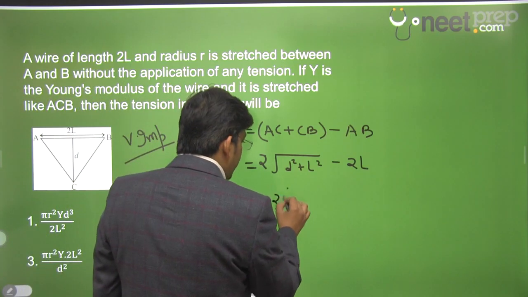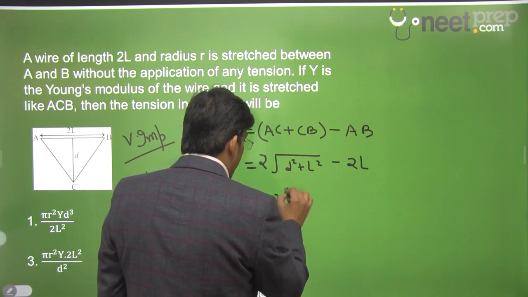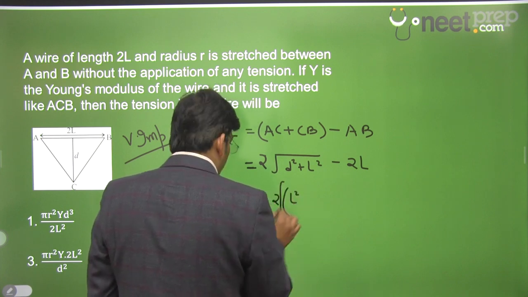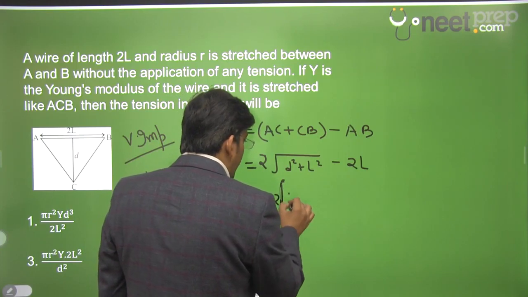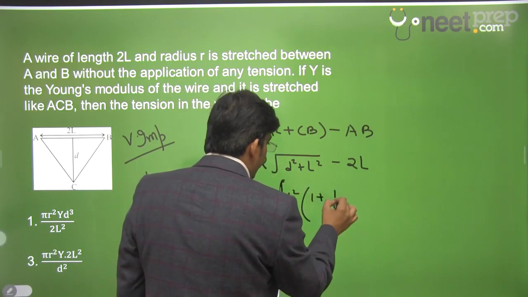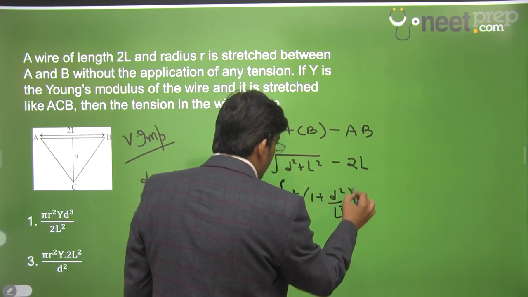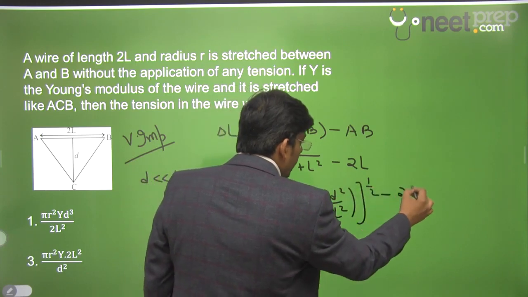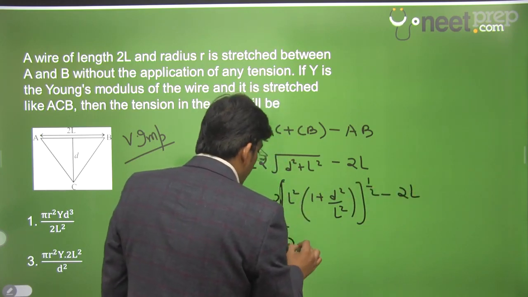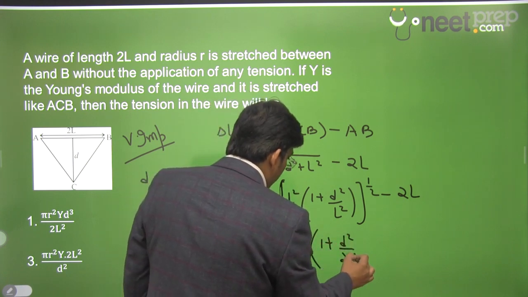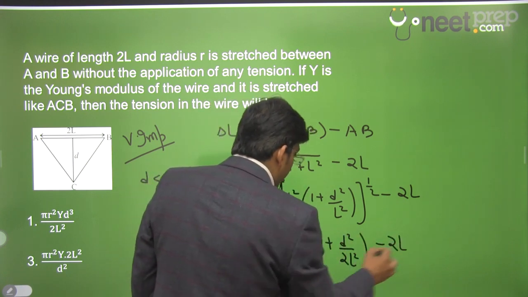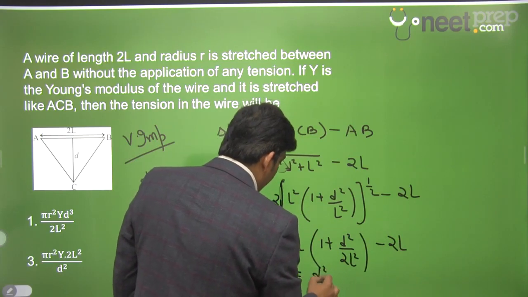Let us make the rearrangements here. Let us take L square common. This becomes 1 plus D square by L square raised to the power 1 by 2, minus 2L. This comes out to be 2L into 1 plus D square by 2L square, minus 2L. This comes out to be D square by L.